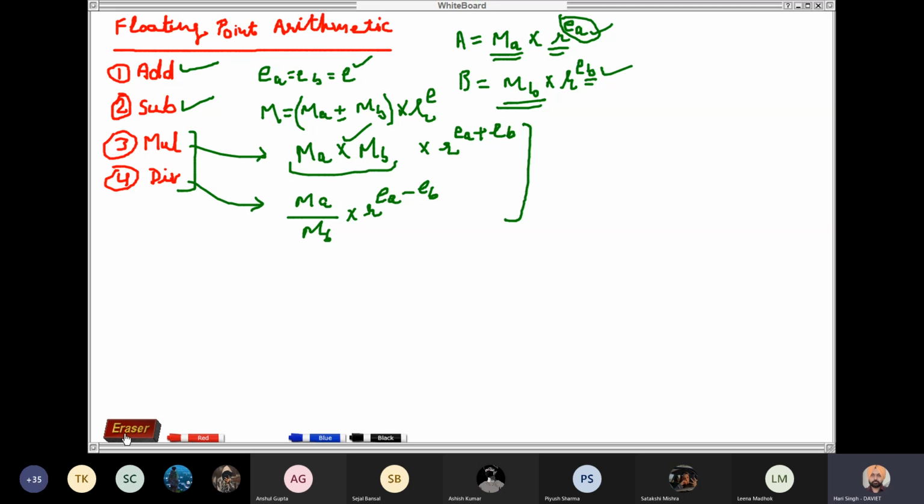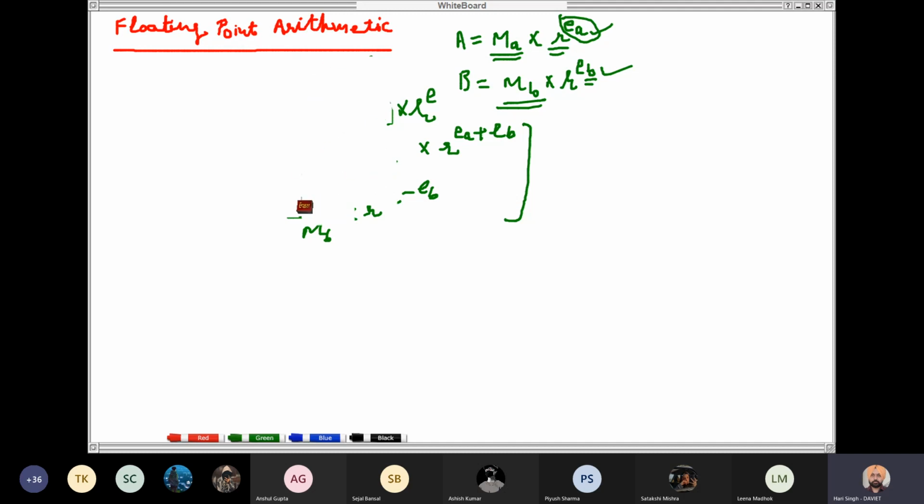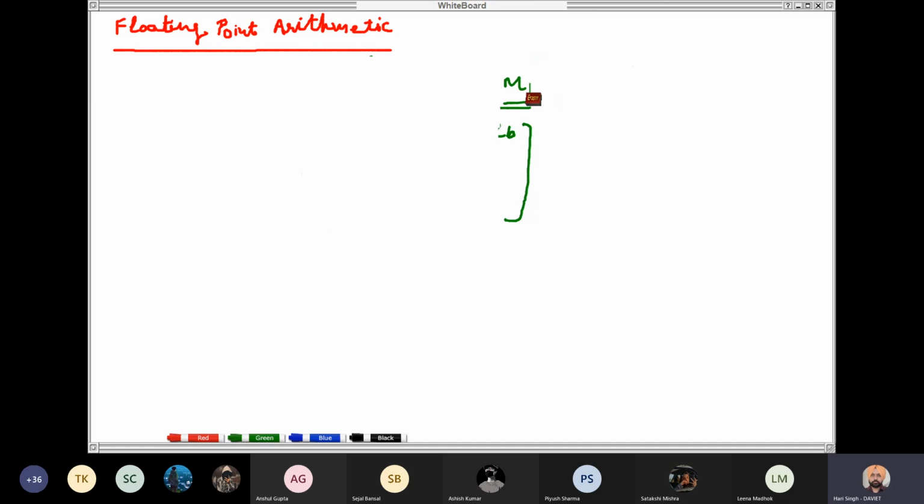To understand the concept, let us consider some examples related to multiplication first, and then we will consider the division examples. Suppose we have to multiply two numbers.